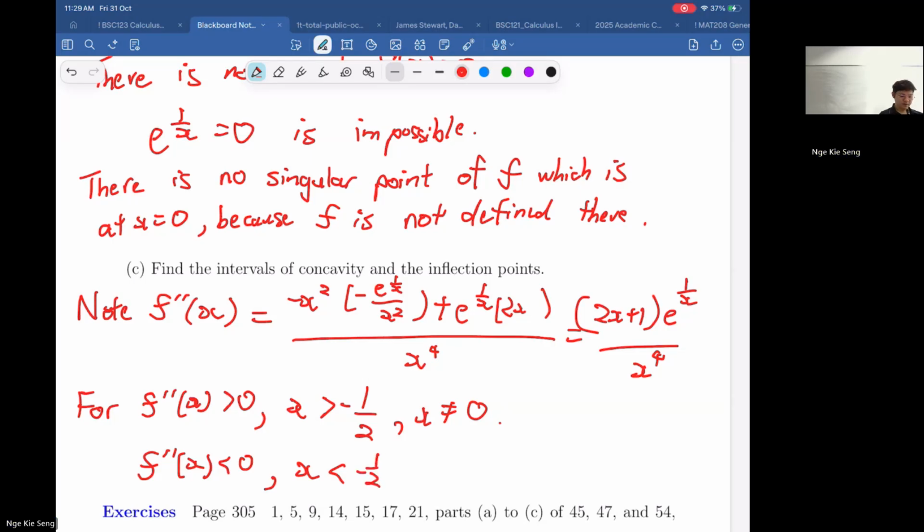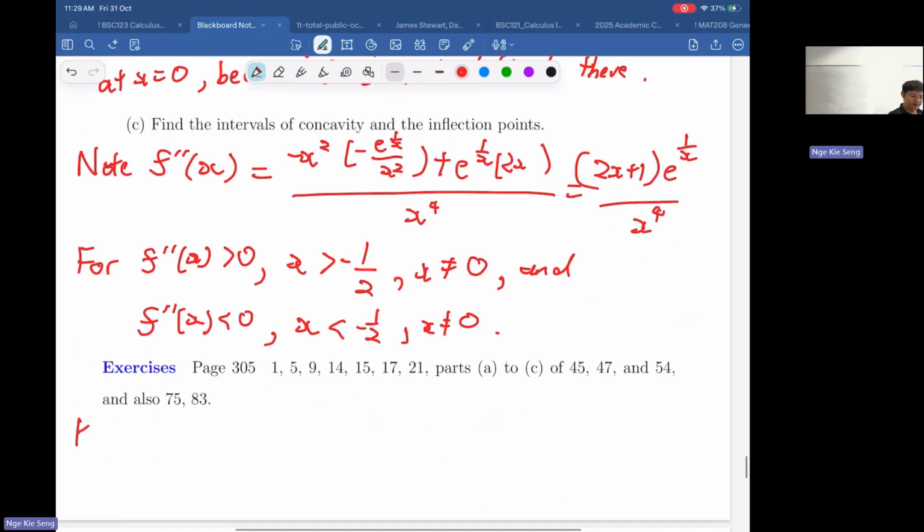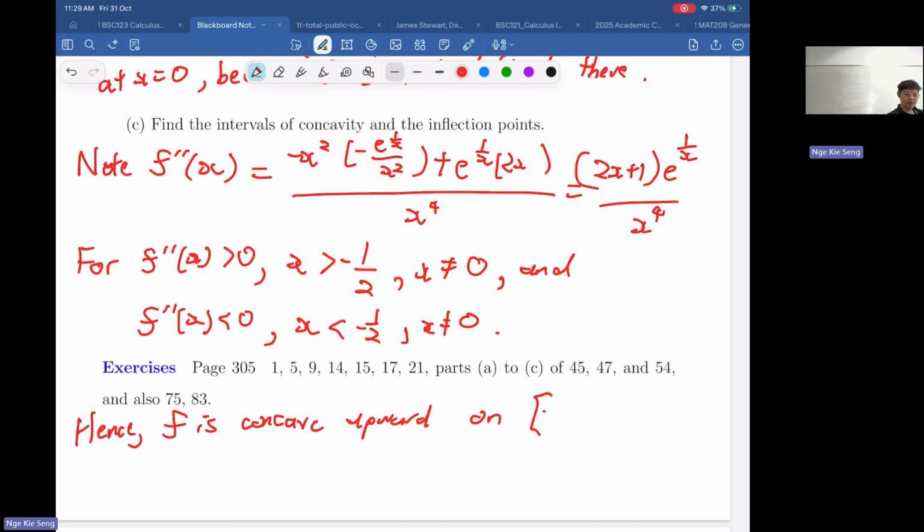Okay, so altogether, what you will get is f is concave upward on minus half to 0, and also 0 to infinity.